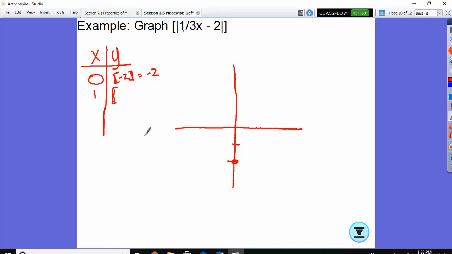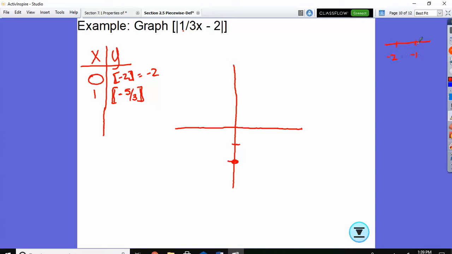What does that give me on the inside here? It's -1.67 if you plug it in.